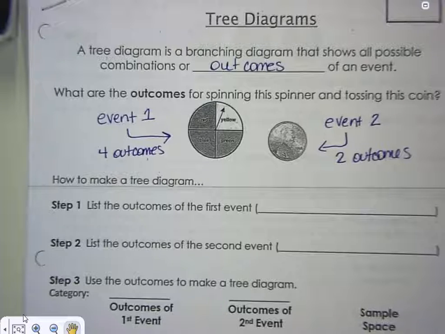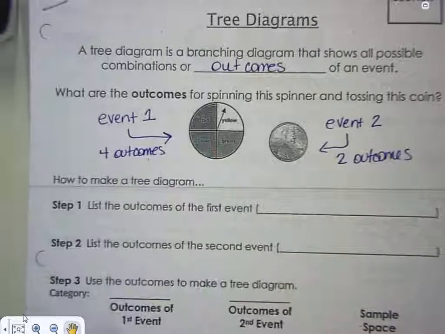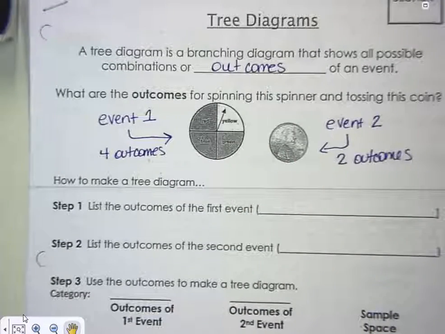All right, so here's some step-by-step notes on how to make a tree diagram. The first thing you're going to do is list the outcomes for the first event. What are the possible outcomes for this first event? If I spun this, what is one outcome that you see?